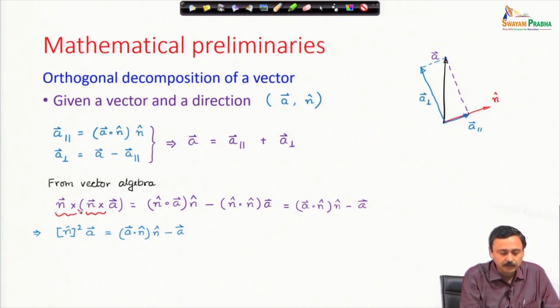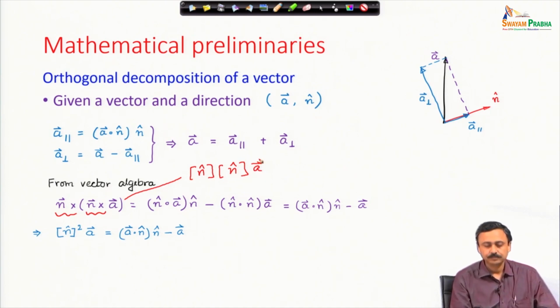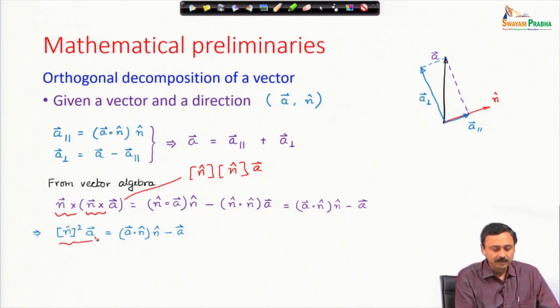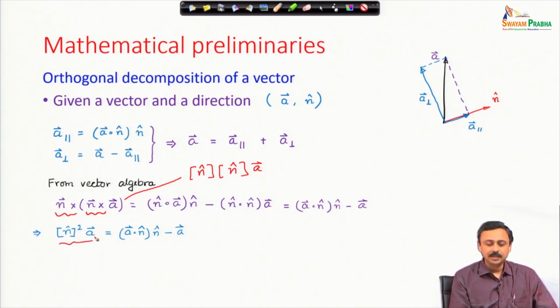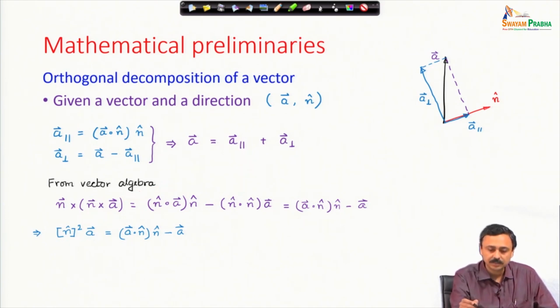Therefore, the left hand side was actually the Rodrigues form of n cap times the Rodrigues form of n cap times the A vector, the column matrix form of A. That was the left hand side. In other words, I can write the left hand side as the square of the Rodrigues form of n cap times A, which must be equal to the right hand side, which remains the same.